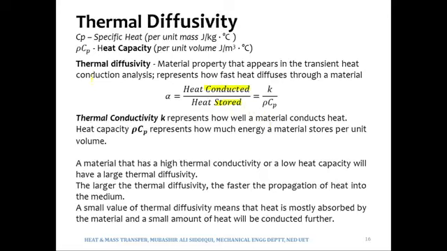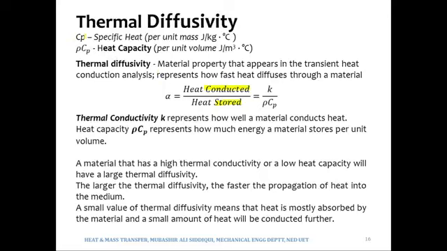And just like thermal conductivity, it is a material property. Kindly note, it is a very important point that thermal conductivity is a material property and thermal diffusivity is a material property as well. So every material would store energy, okay? And you will find a very important sentence over here.